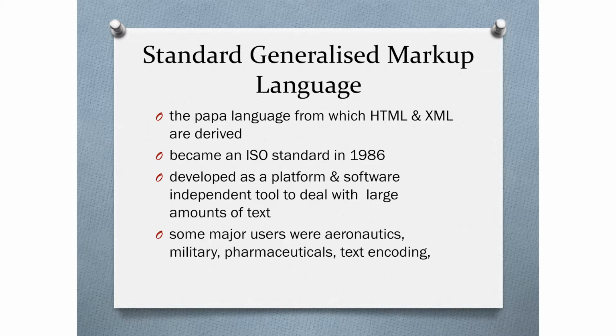By the time SGML became a standard in 1986, it was adopted by industries that used a lot of text: the IRS, the Department of Defense, and in fact, the text encoding community. SGML as a tag set is unlimited, potentially comprising millions of tags.